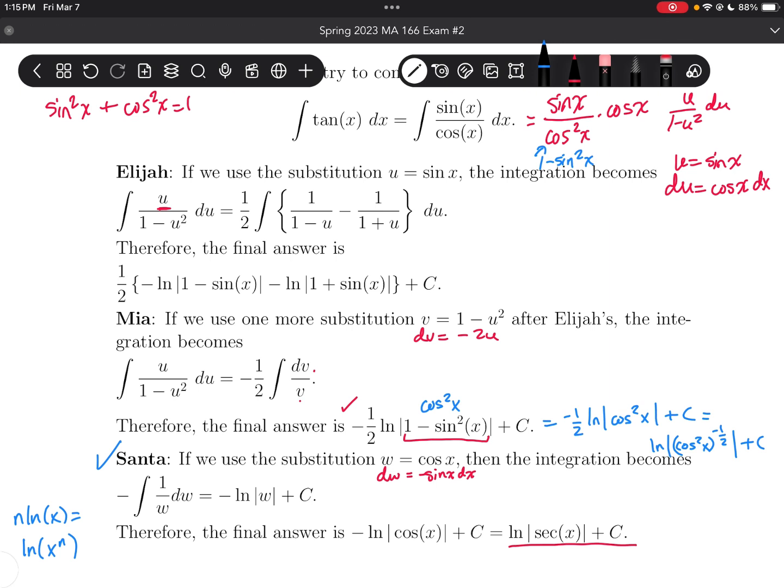And cosine x to the power of negative 1 is 1 over cosine x. So this is equal to the natural log of secant x. So ultimately, the answer that Mia calculated and the answer that Santa calculated are both equal. So Mia is also correct. Her answer just looks a little different because she did not simplify it.